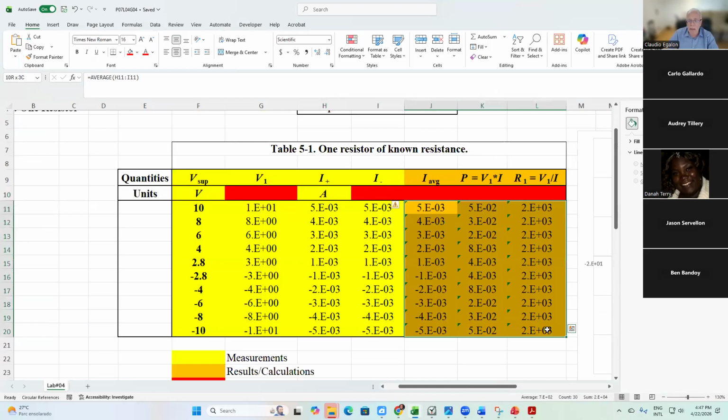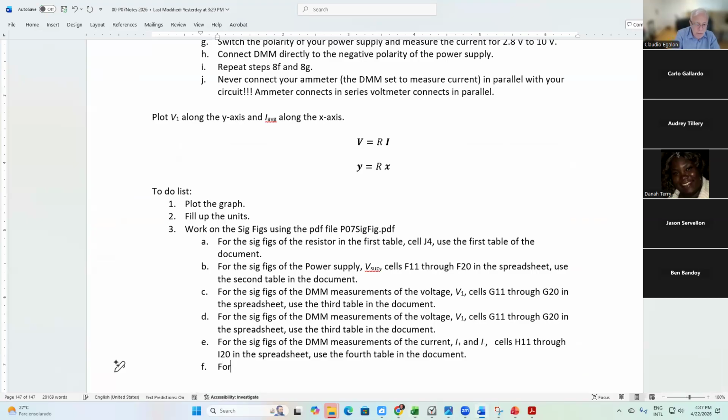For the sig figs of I average, in cells J11 through J20 in the spreadsheet, use the rule for addition, right?